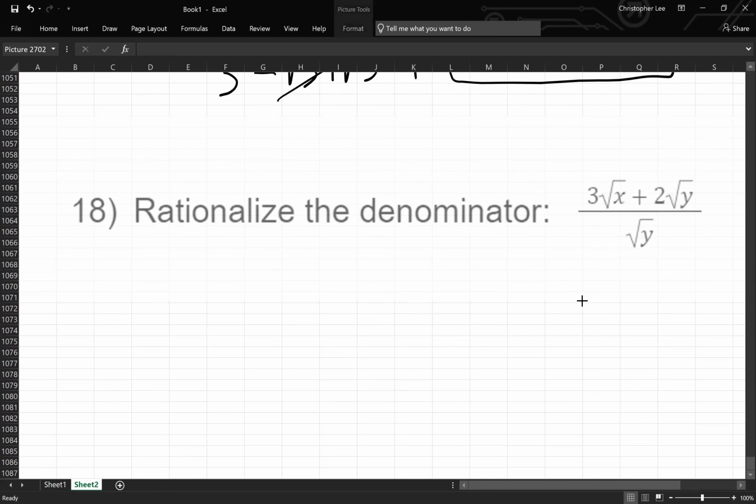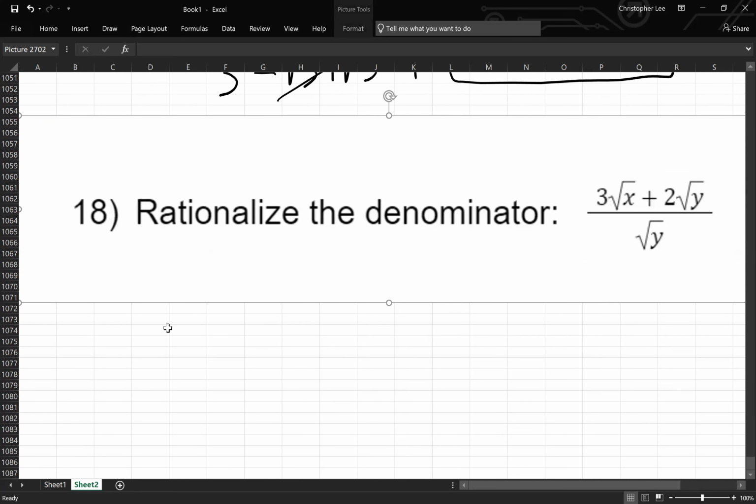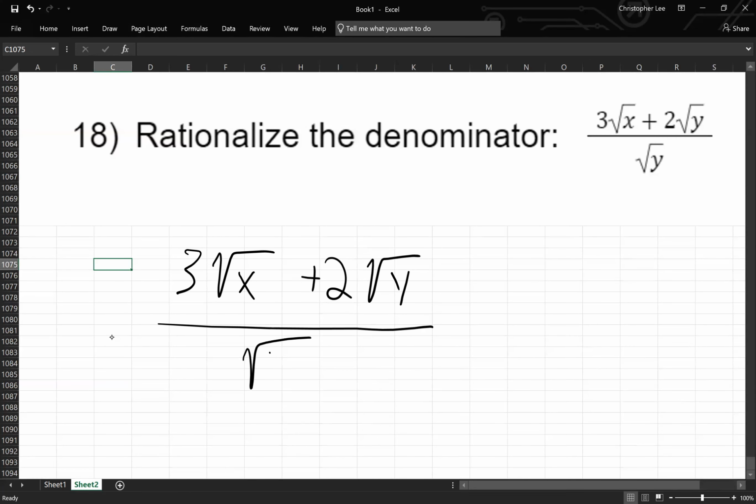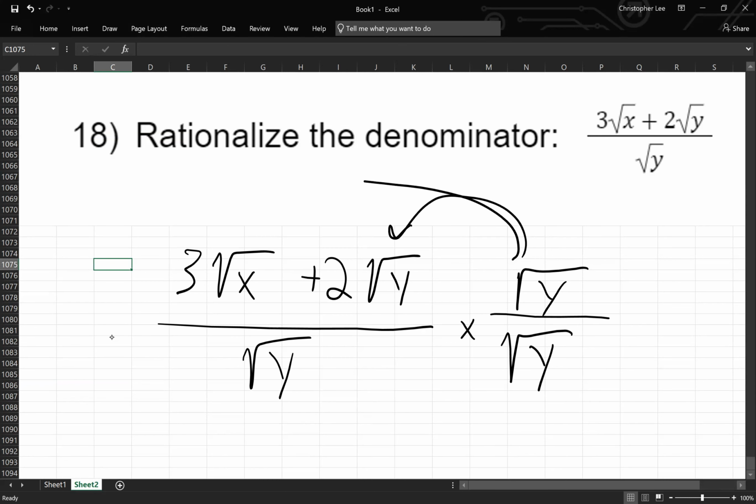Yo, I swear, y'all better not get this wrong. Rationalize the denominator. Come on now, what we doing here? Exactly. I swear y'all better not get that wrong. In the top, you already know, distribute, all that good stuff.